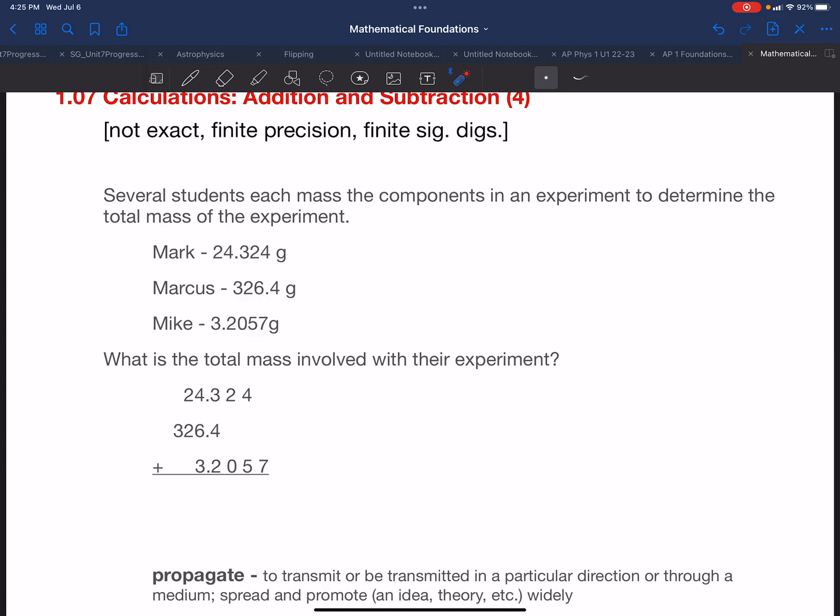The first thing you might notice is that this one has 5 significant digits, this one has 4, and this one has 5 significant digits. These measurements have different numbers of significant digits, and more importantly for our purposes here, they have different levels of precision.